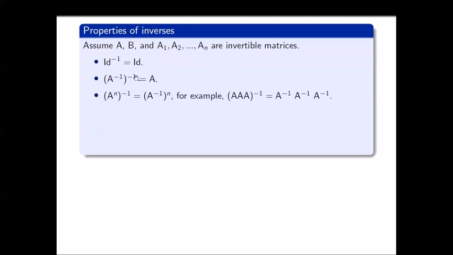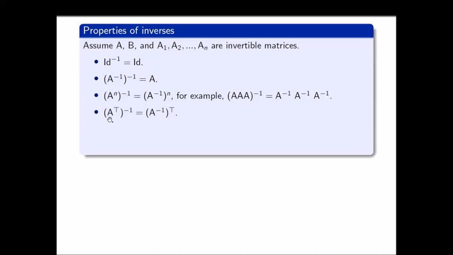And the inverse of the power of a matrix is the same as the power of the inverses. In other words, A times A times A whole inverse is the same as A inverse A inverse A inverse.